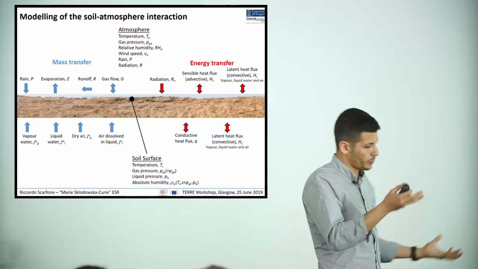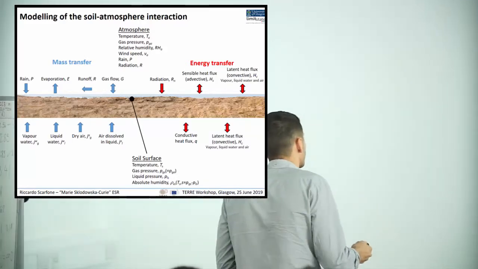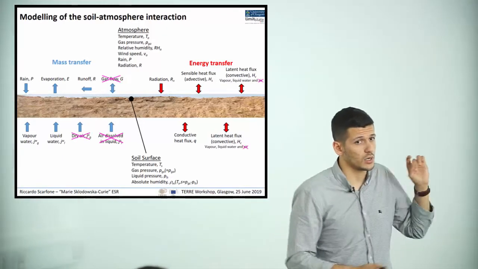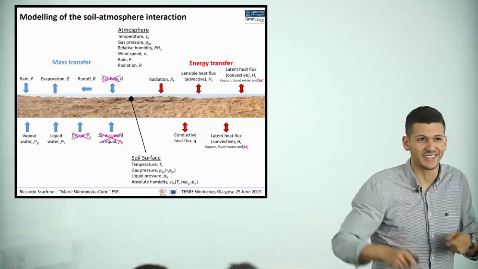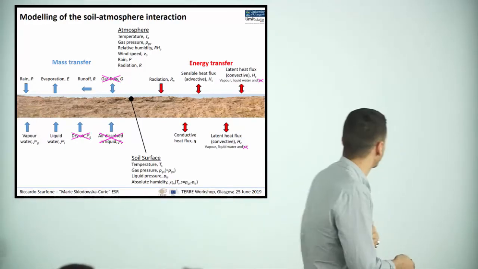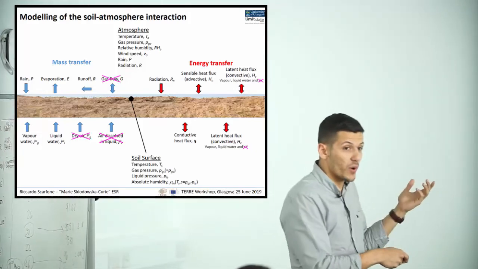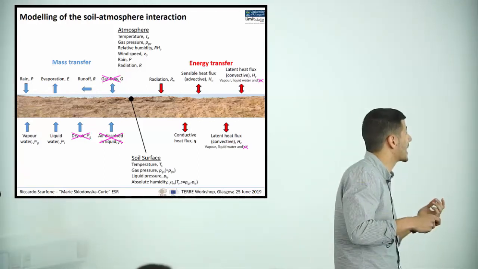The two important balances are the mass transfer and the energy transfer. For the mass transfer, we model rain and evaporation. We don't model transpiration at the moment. We didn't want to steal the job of the other people who presented before. Then the runoff when suction gets equal to 0, and gas flow.